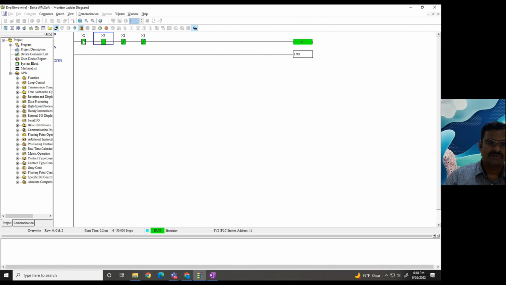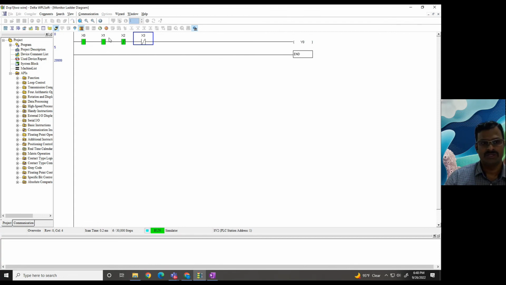Or if the temperature reaches the higher limit, then this particular contact will enable. So what will happen? The motor will go off. Or in case the water limit reaches a certain point again, this can go off.